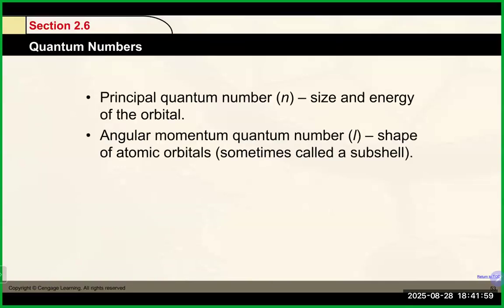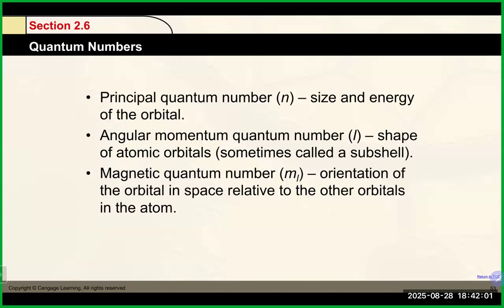All right, so we're now going to talk about quantum numbers, and there actually are 4 types of quantum numbers. You might have learned about one, which is n, and we also talked about it earlier. It's the principal quantum number, and it is basically the size and energy of the orbital.